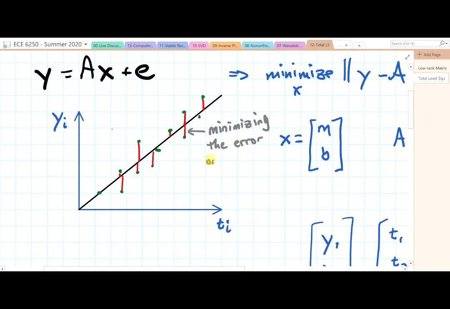Minimizing the error on the y-axis in this particular example.